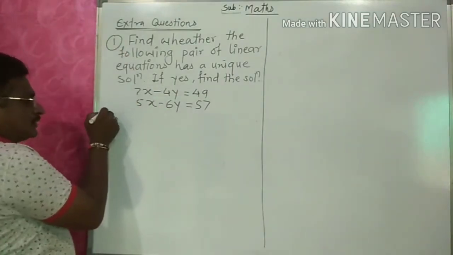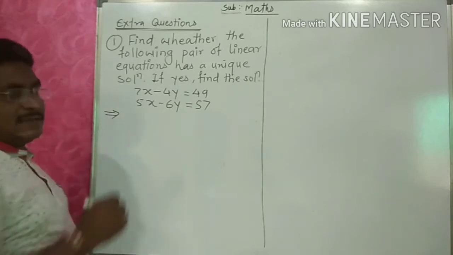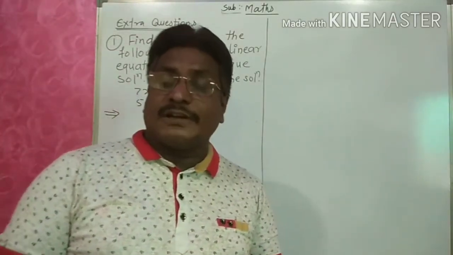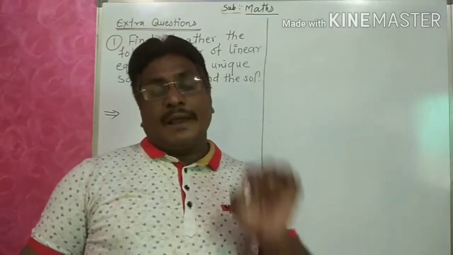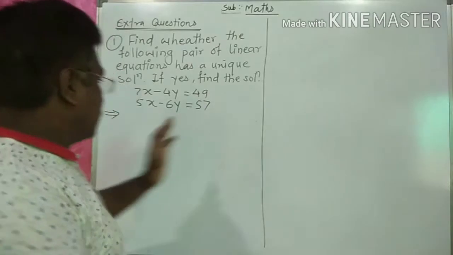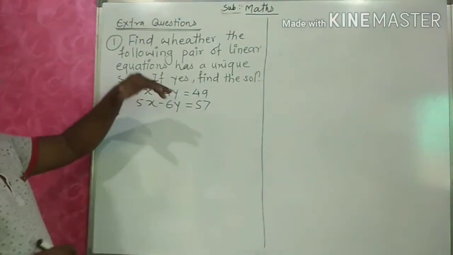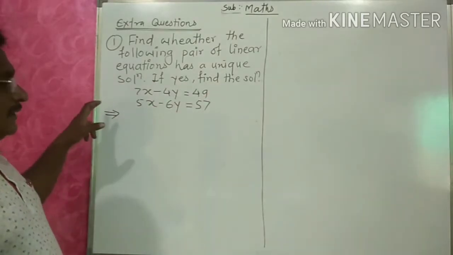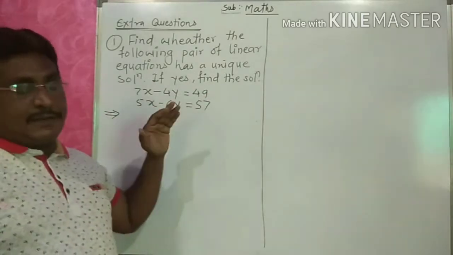So unique solution means what type of lines? Lines are intersecting. What is the condition for intersecting lines? a1 by a2 not equals to b1 by b2. So check it. Before starting that, first we have to write this pair of linear equations in the standard form.